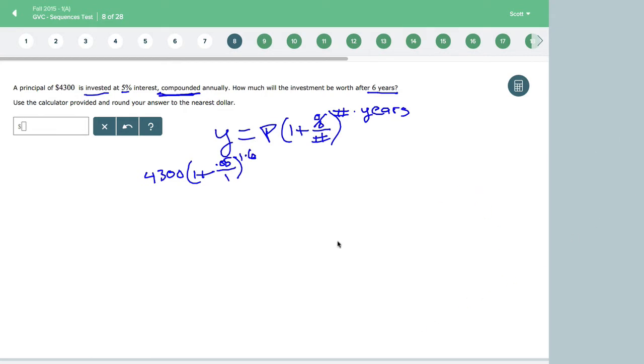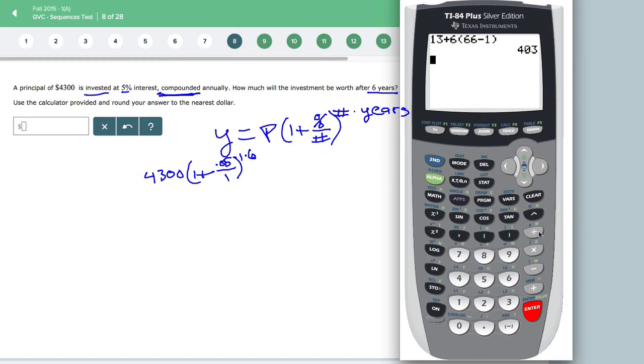And now we can just bring up the calculator and punch all that in. 4,300 times 1 plus 0.05 divided by 1, parentheses, all raised to the 1 times 6 power.